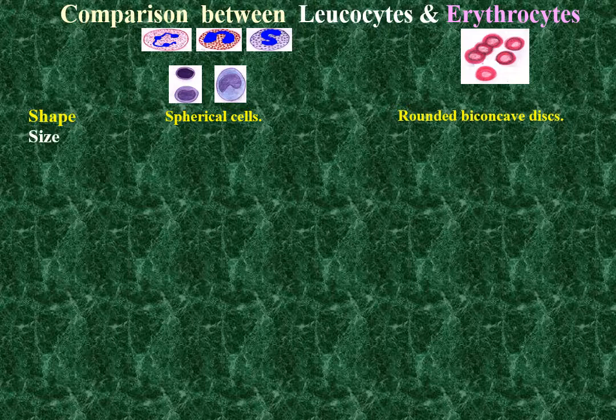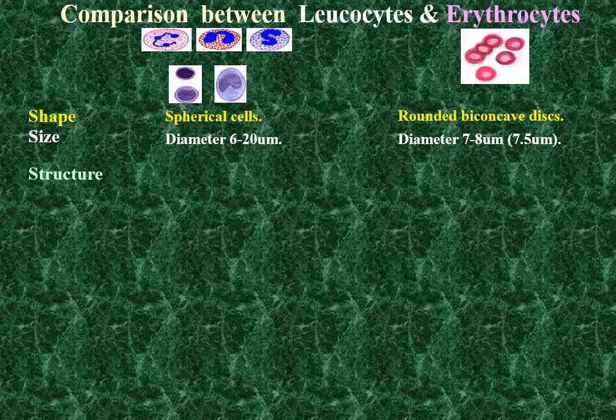Size: leukocytes' diameter varies from 6 to 20 micron according to the type. On the other hand, erythrocytes' diameter is from 7 to 8 micron with an average of 7.5 micron. There is only one type.